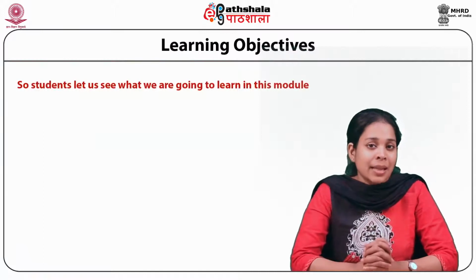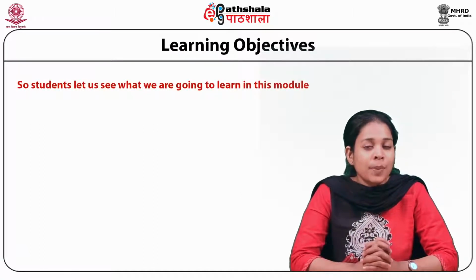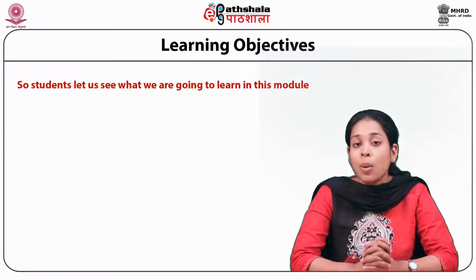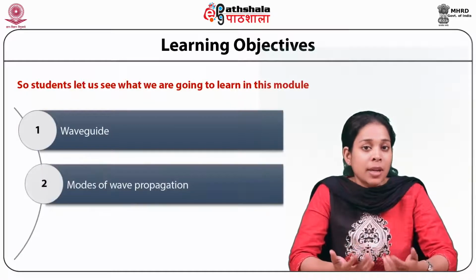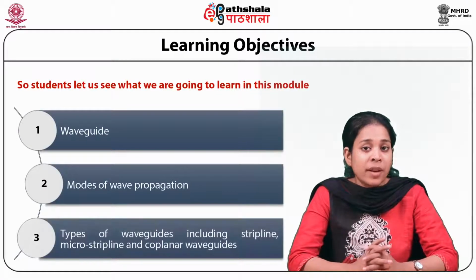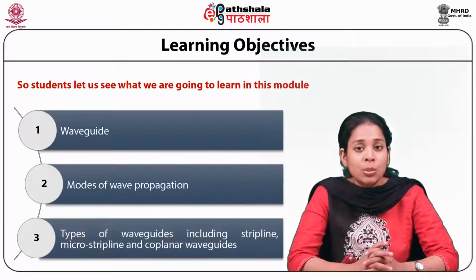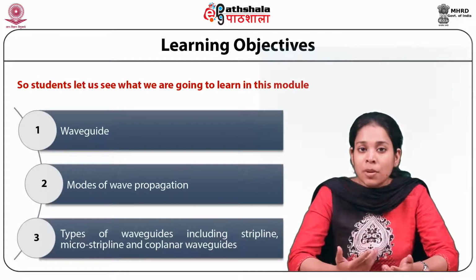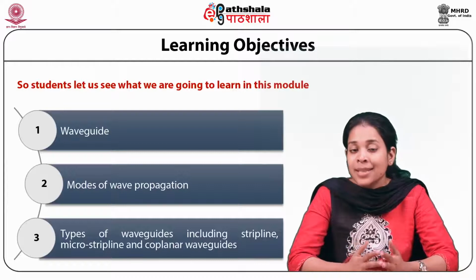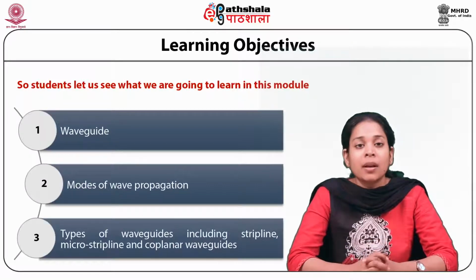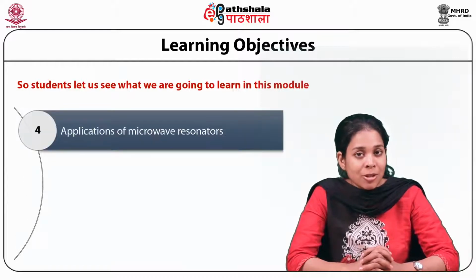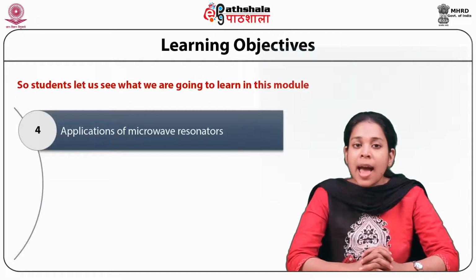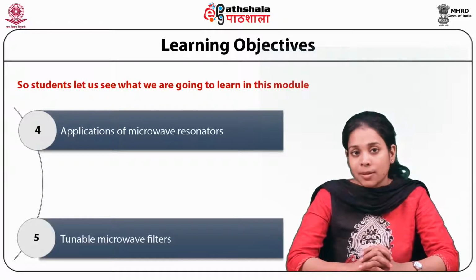After studying this module, you should be able to understand what a waveguide is, how the wave propagates, what the different modes of propagation are, and the types of waveguide resonators including strip line, microstrip line and coplanar waveguide, that is CPW mode. After that, we will be discussing the applications of microwave resonators and tunable microwave filters.